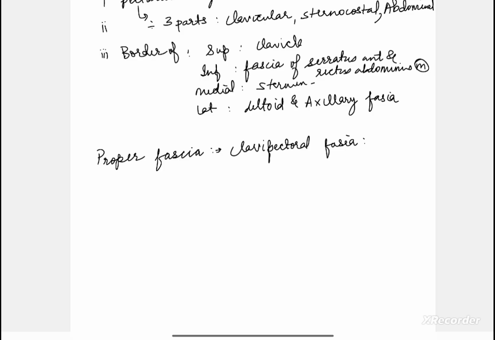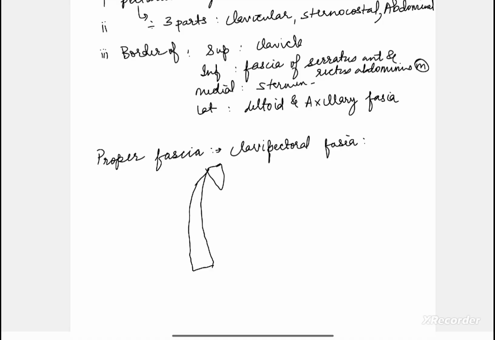Now this clavipectoral fascia, I am drawing a small short diagram through which you would understand how it forms. See, suppose this is the pectoralis major muscle. Here is the clavicle bone.